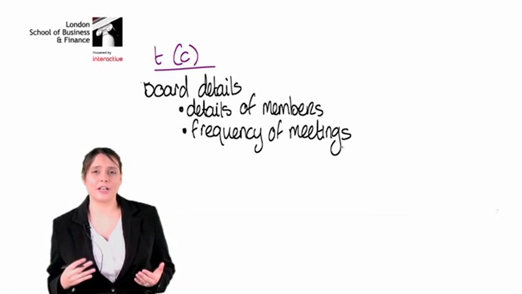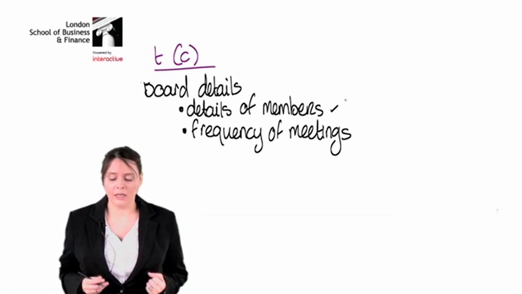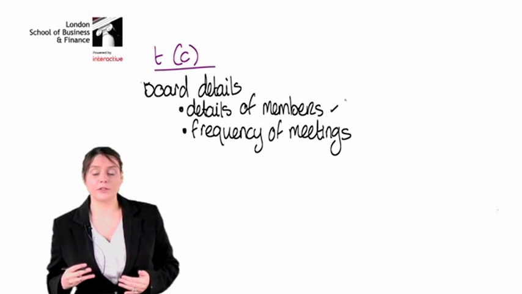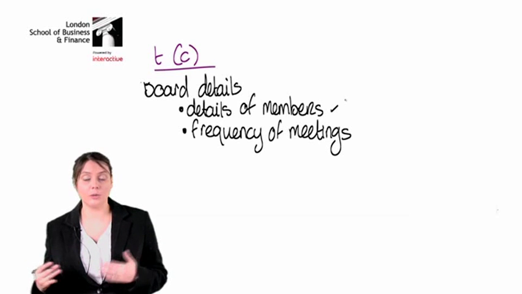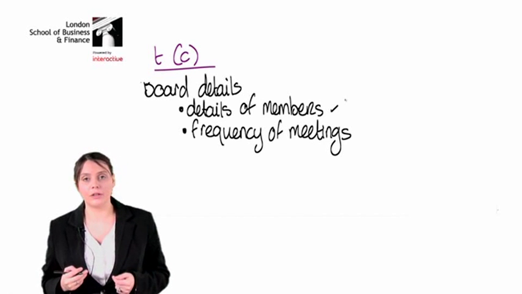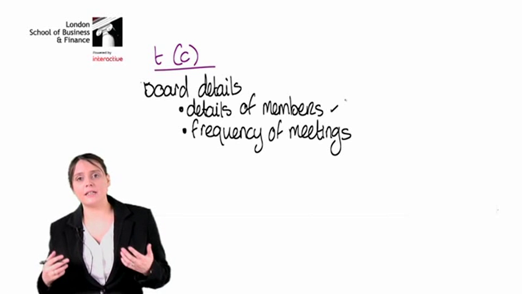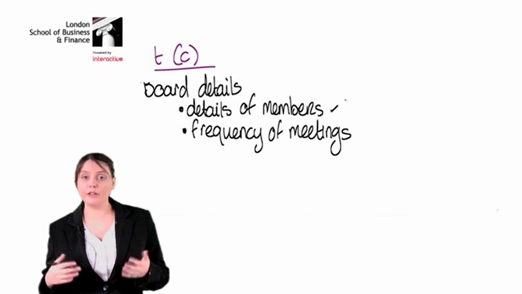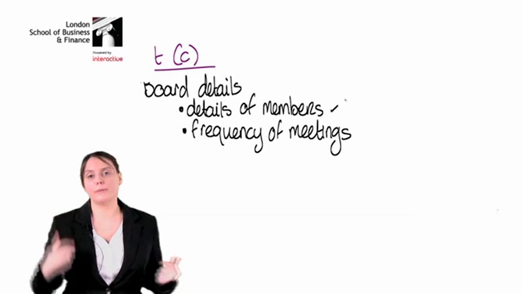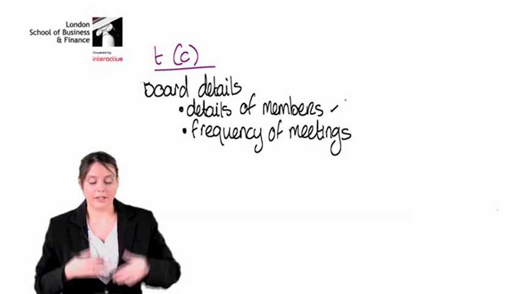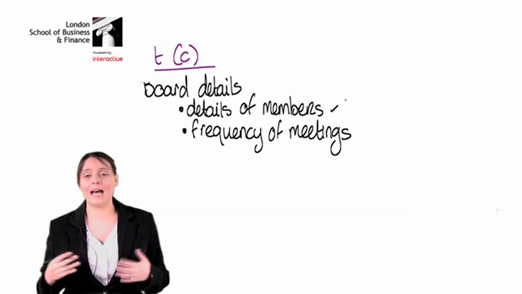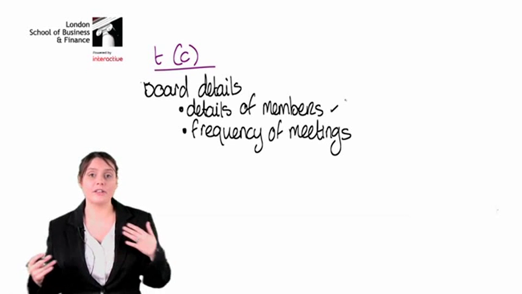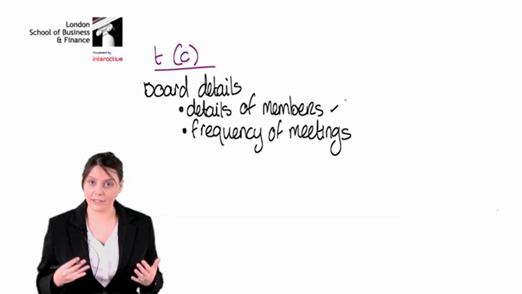This tells our shareholders, first of all, that the people who are on the board of directors have the experience and the qualifications that you would expect or that they need to run the company. So the details of members will include brief biographies of each member of the board. Then the frequency of meetings indicates to the shareholders, well, how effective is this board? Are they meeting sufficiently regularly?